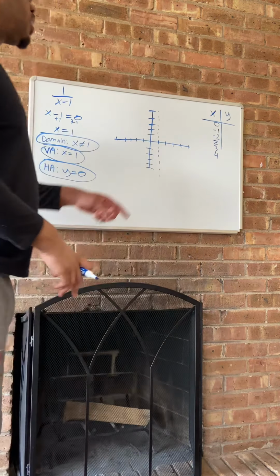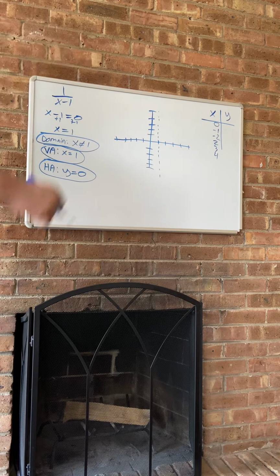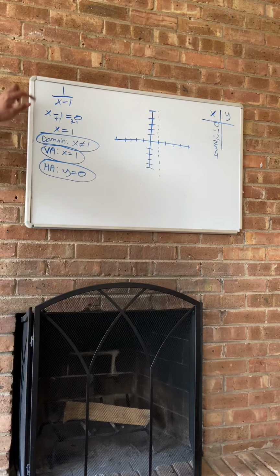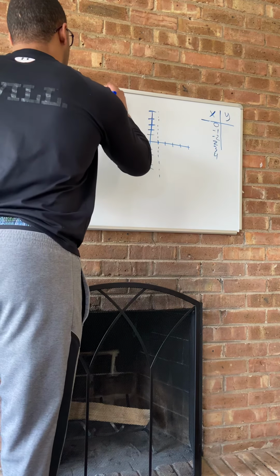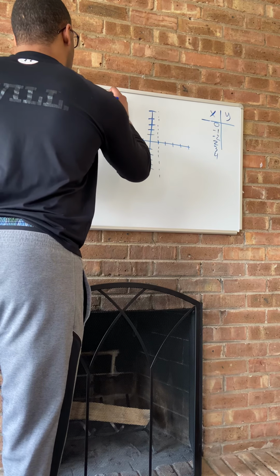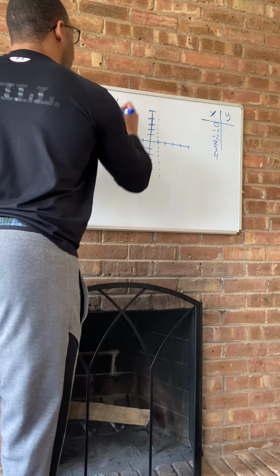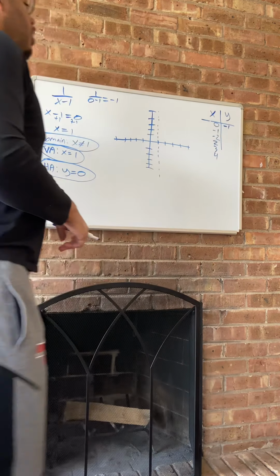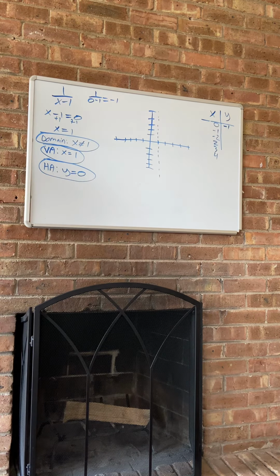Now I just plug these x values in and find my y value. If I plug in 0, 1 over 0 minus 1 is equal to -1. So my y value when I plug in 0 is -1.